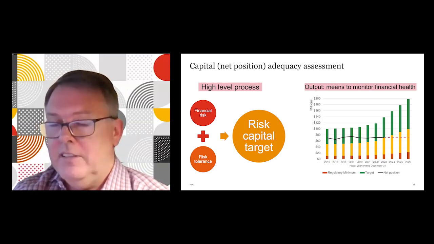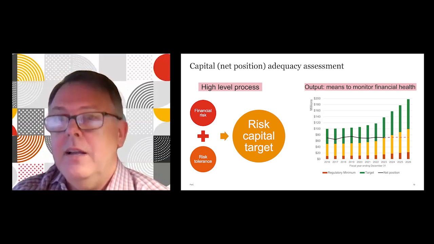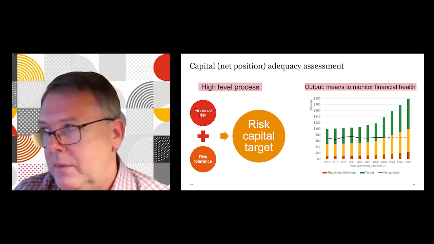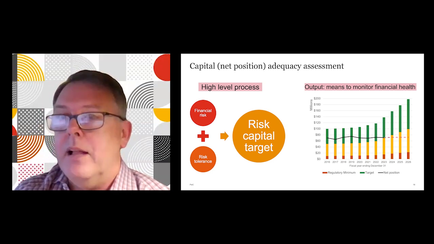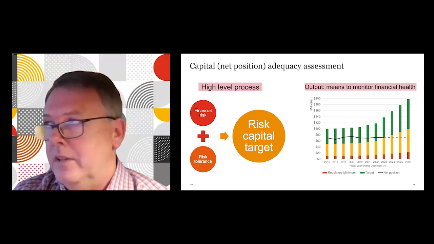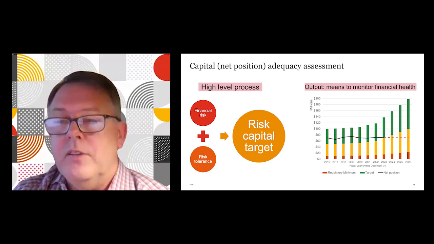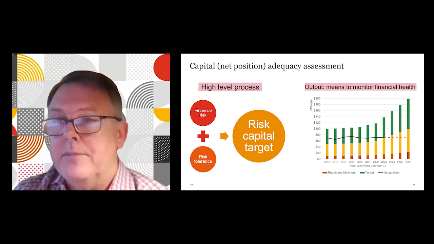And that additional volatility means more financial risk, same risk tolerance. You're going to end up with a higher target. So that's something this pool's going to have to come to terms with in order to maintain their capital adequacy. They're going to have to figure out a way to either reduce the growth of their capital targets, or they're going to have to raise their capital.